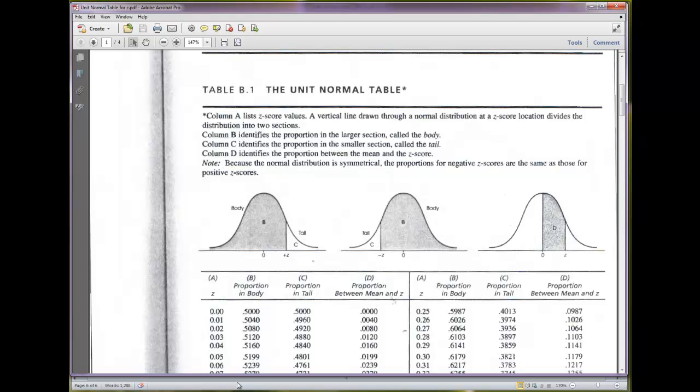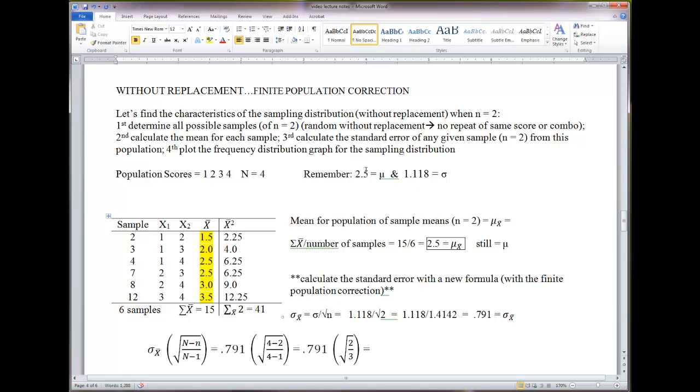Also, the mean for the sampling distribution will equal the mean of the population, with or without replacement. And then the standard error can be calculated with either this formula with replacement or this formula without replacement. The standard error is basically just the standard deviation of the sampling distribution.